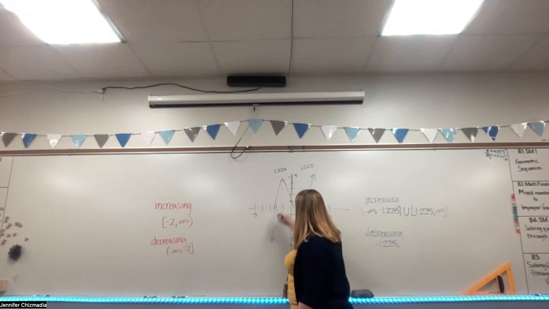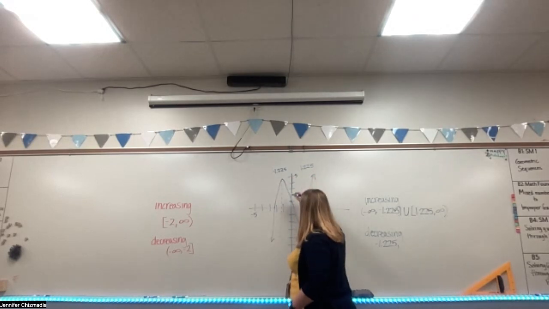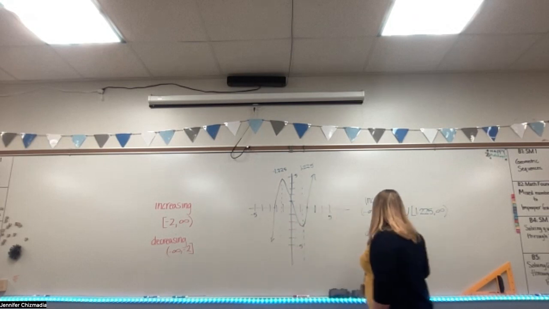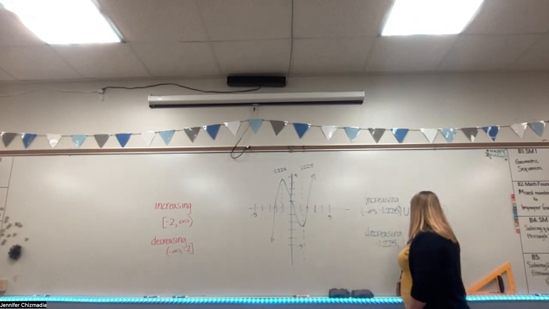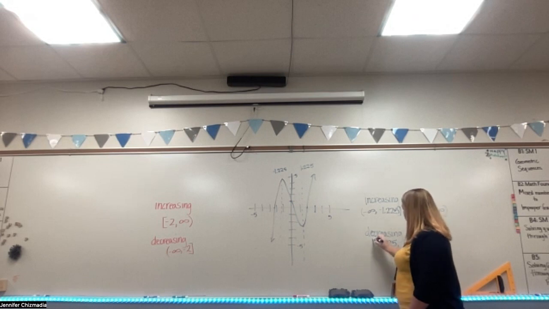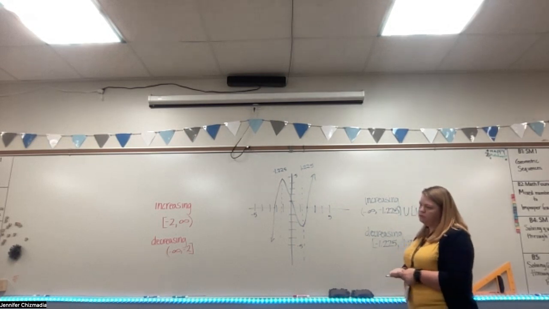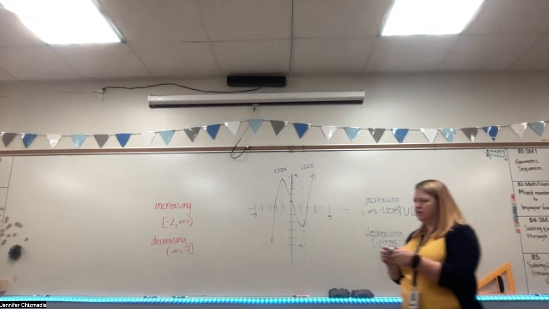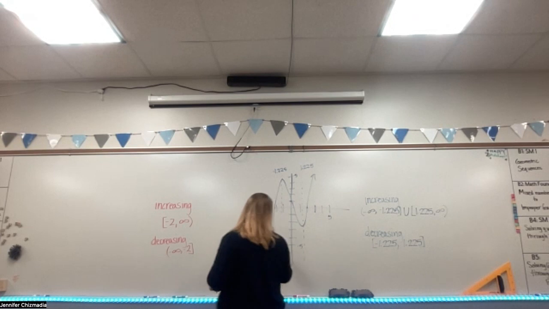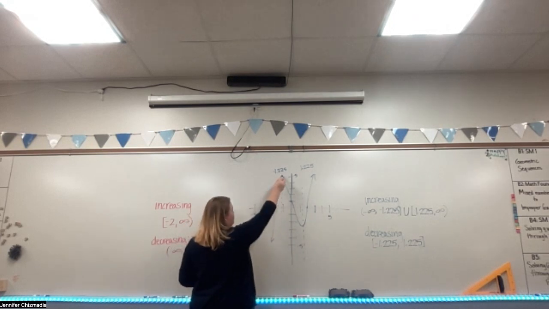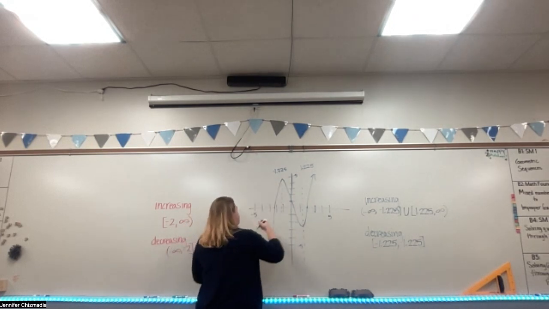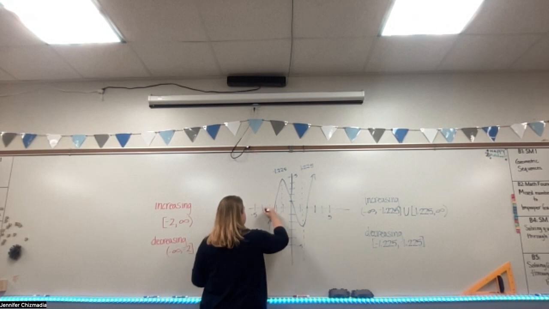So it's going up, then it's going down, then it's going back up. Then it goes to 1.225, so it stops going down at 1.225. Okay, and we can include both of those. That's the only time. See how that works? Like we're going up from negative infinity till we hit negative 1.225. Right, this is going up, so it's increasing.